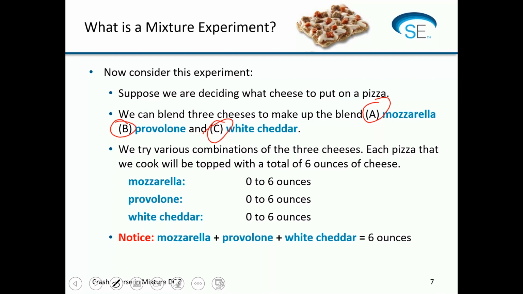We're going to try various combinations of the 3 cheeses, but each pizza that we cook will be topped with a total of 6 ounces of cheese. I would like to go beyond 6 ounces because that seems a little light for me, but for this example, this pizza manufacturer is fixing it at 6 ounces. And they're saying that mozzarella can go from 0 to 6 ounces, provolone can go from 0 to 6 ounces, and white cheddar can go from 0 to 6 ounces.